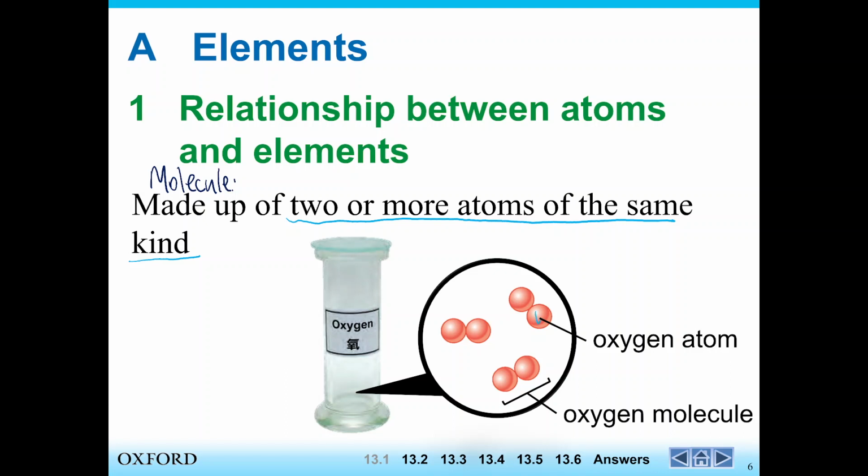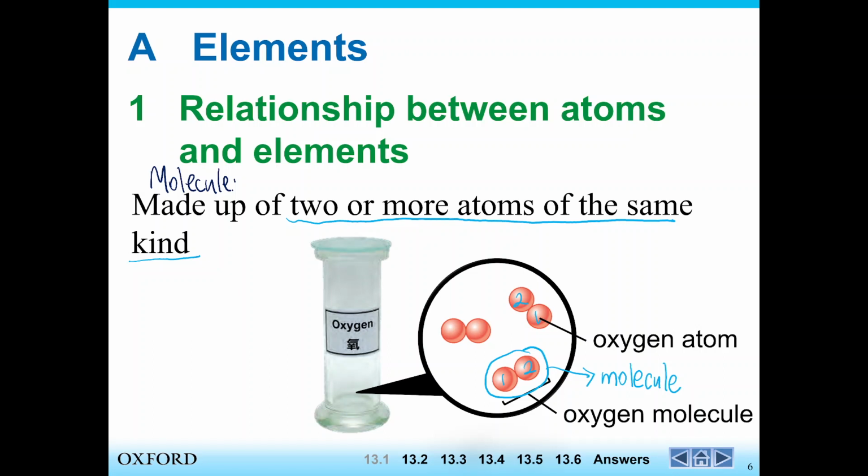There's one atom here, another atom here, one atom here, another atom here. But if we were to combine them together and name them, we would call them a molecule. So this is a molecule. Okay, so that's the relationship between atoms and molecules.